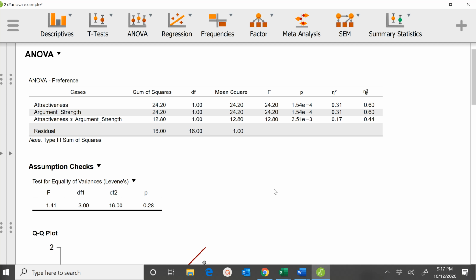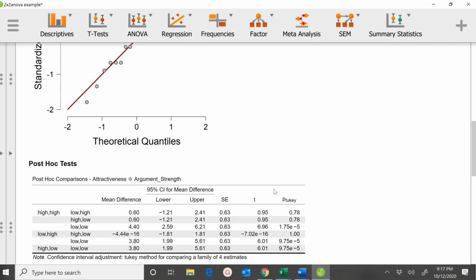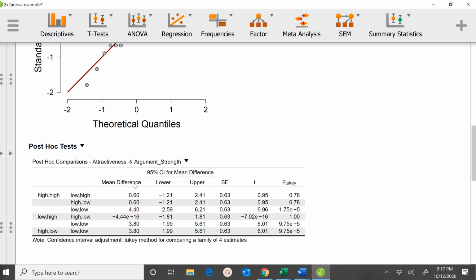And let me identify that table. Here it is. So we're comparing basically all the cells. Attractiveness is on the left, and argument strength is on the right. And we can see, okay, is there a difference between high-high and high-low? No. Is there a difference between high-high and low-high? No. But we see that high-high and low-low have a difference.